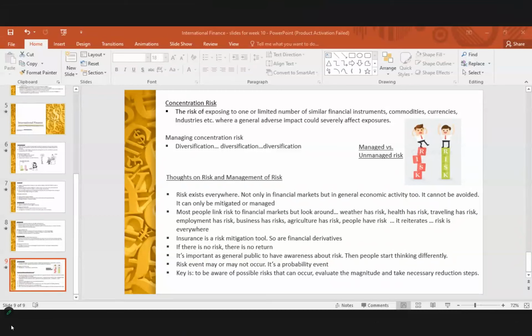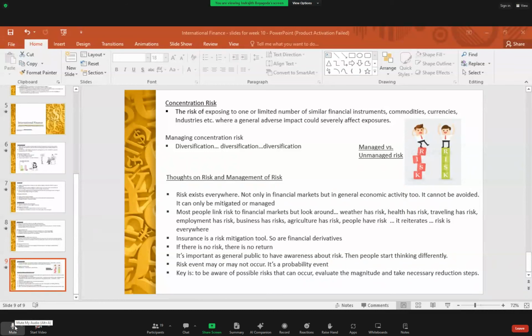ISB. What is the tenor of ISB borrowings? Average tenor. Five years. 5 to 7 years. Okay.